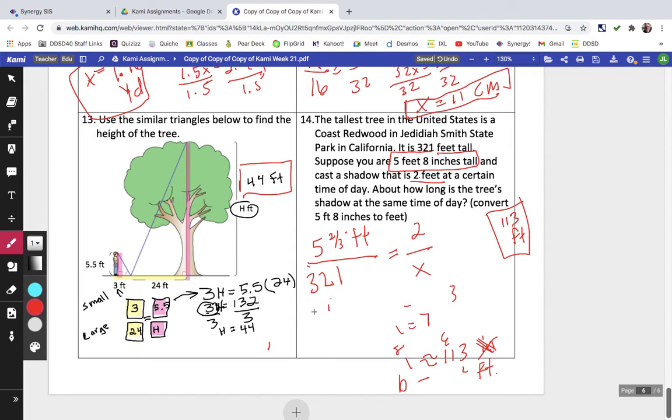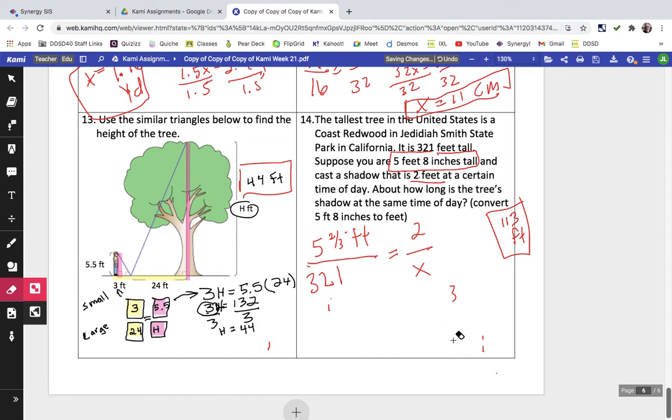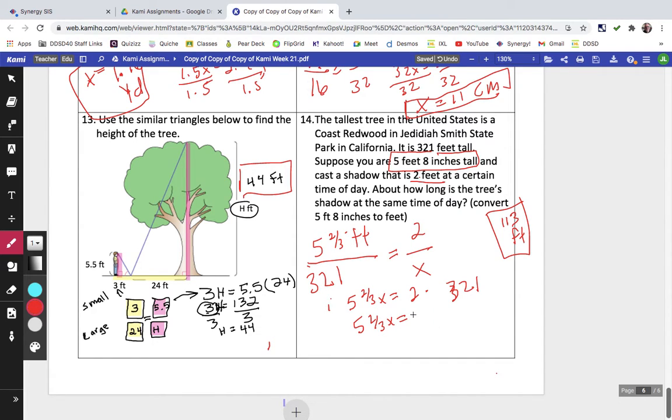And let's do x. We'll keep it all in feet. 5 2/3 x equals 2 times 321. 2 times 321 is 642.